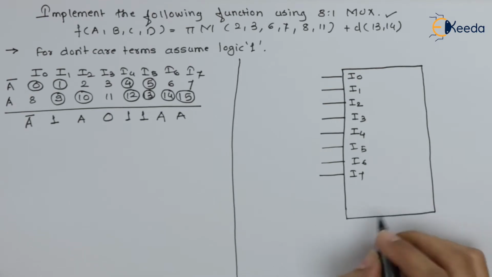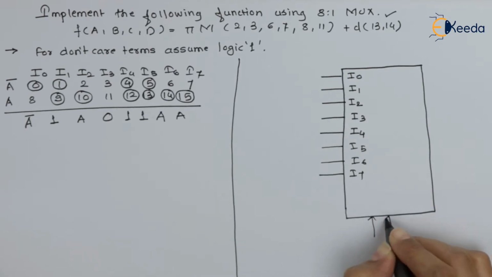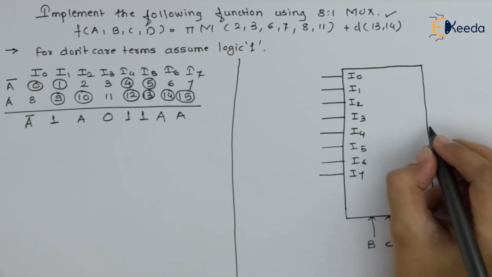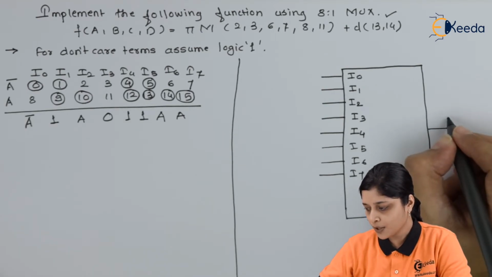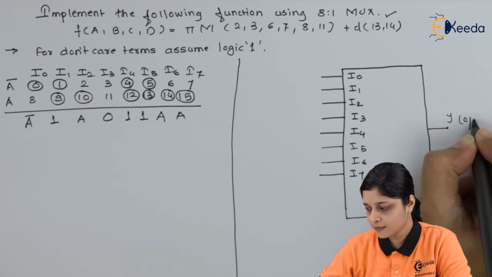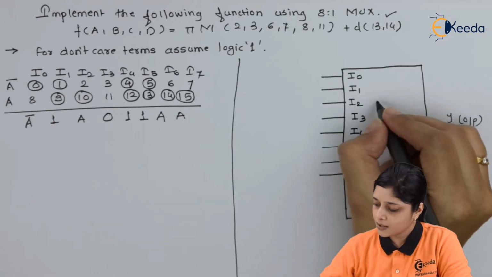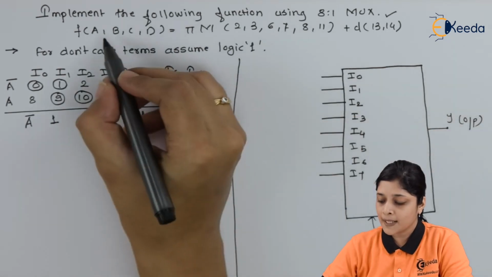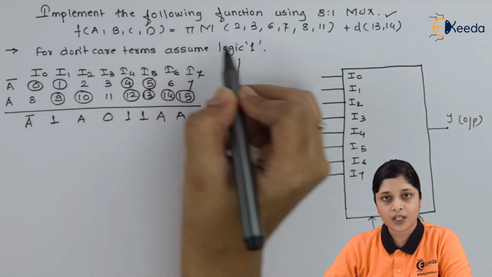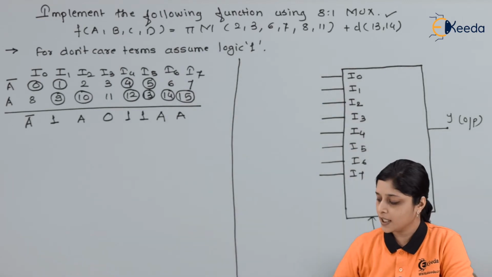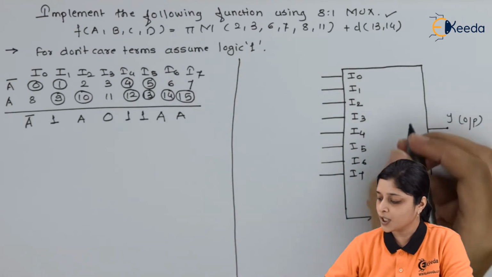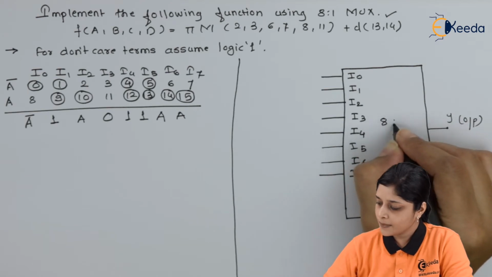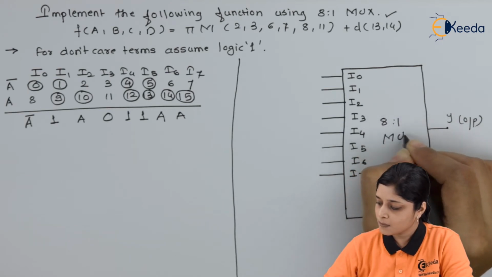After that you have to apply the select inputs as B, C and D, and you have to show your output Y, which is nothing but f of A, B, C, D for the given expression, and here f of B, C, D only. So the name is 8:1 mux.